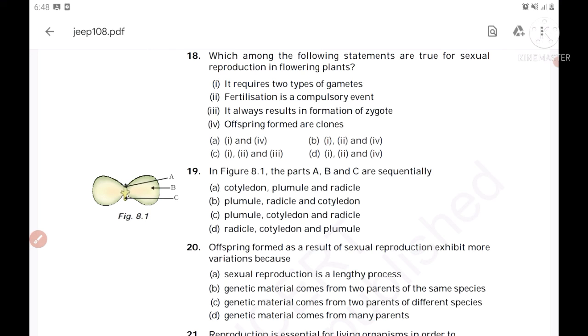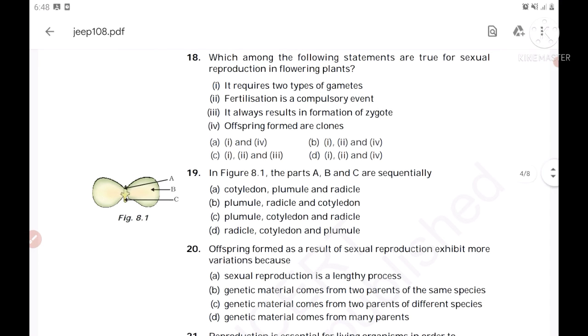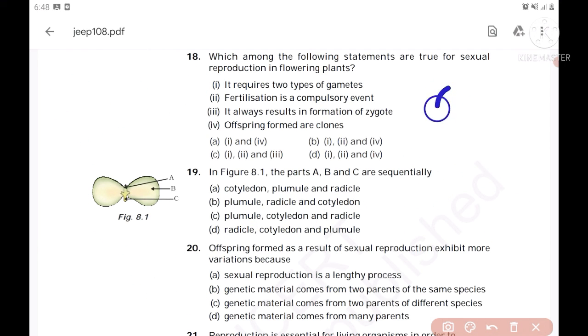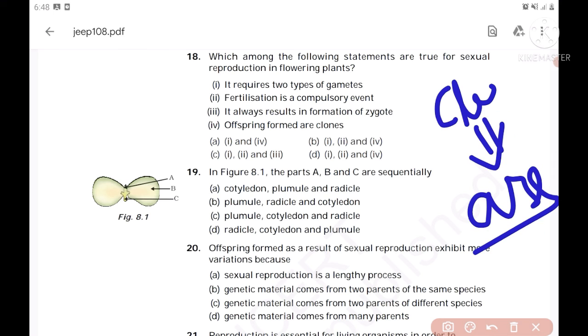Offspring formed are clones. So what are clones? Clones are produced in asexual reproduction, because the new plant will be exactly the same as the original parent.